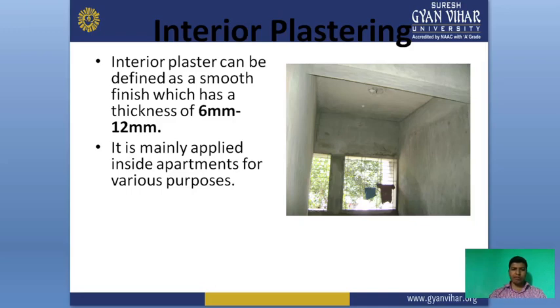Interior plaster can be defined as a smooth finish which has a thickness of 6 mm to 12 mm, and it is mainly applied, as I told you earlier, inside apartments for various purposes. Interior plaster is used inside apartments and inside our houses. The interior plaster thickness should be 6 mm to 12 mm.